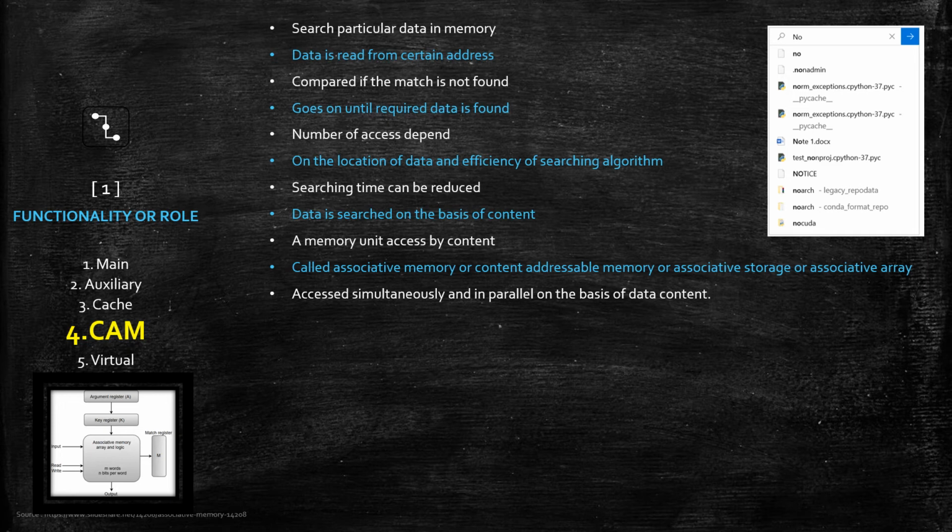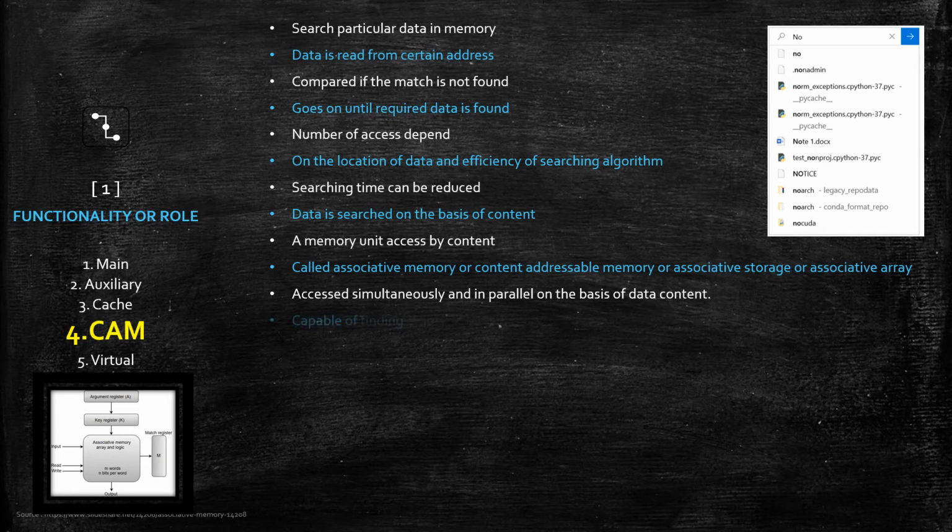It might be possible that I have 100 different documents, so it has to search both the words in all the 100 documents, and also in parallel search inside each document to see whether that word is there. So it is working simultaneously and in parallel on the basis of the data content that you are looking for. This is how your CAM works.